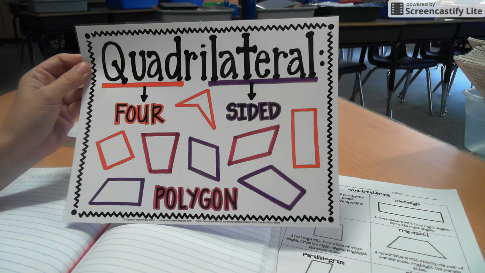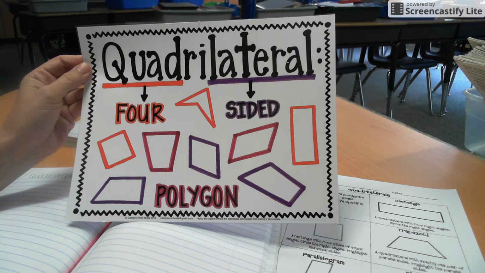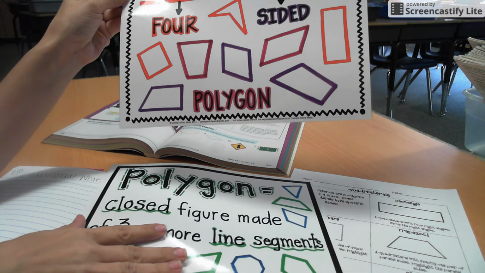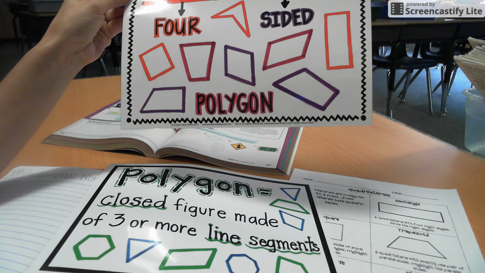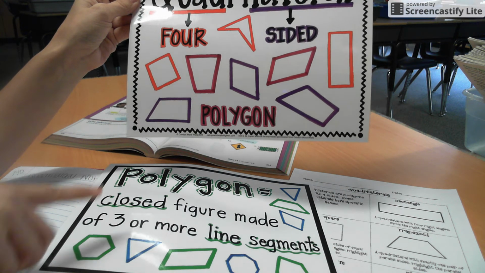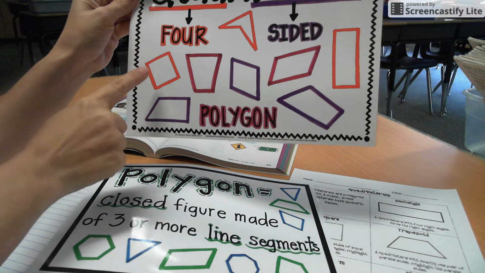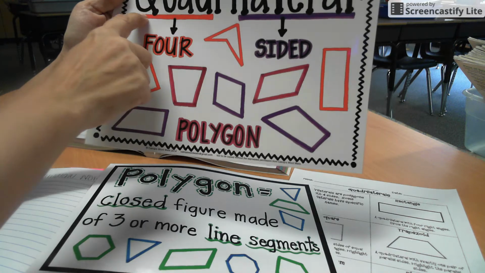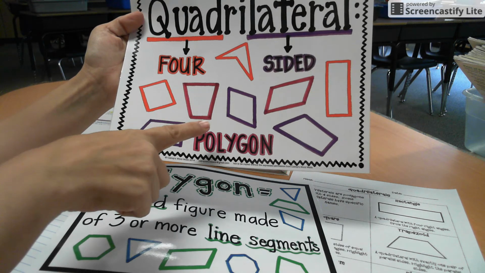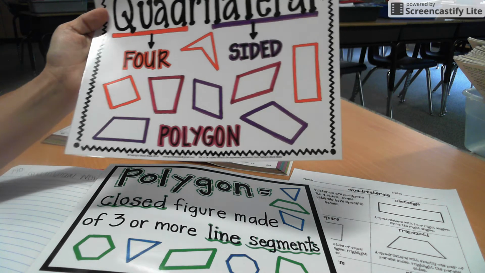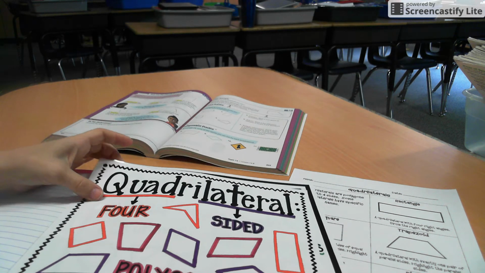A polygon is any closed figure made of three or more line segments. So this would be like one line segment, two line segments, three line segments, four line segments. That's why it's a quadrilateral. It's a polygon with four sides. It has four line segments. And that's what we're going to look at today.